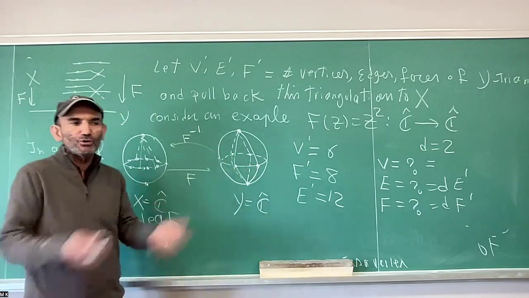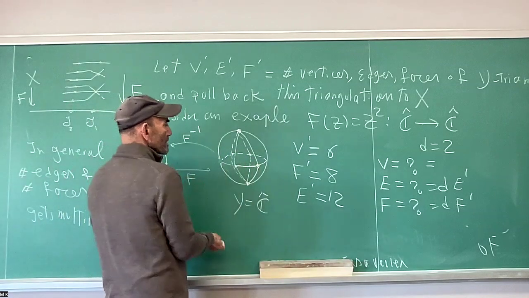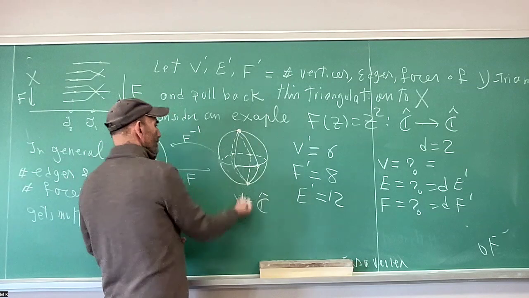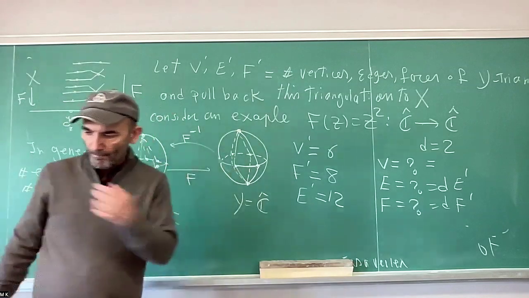So there should be D times as many edges and D times as many faces, and so on, but not for vertices.